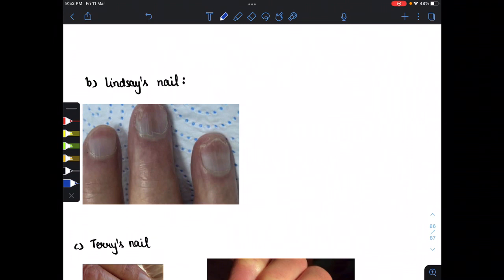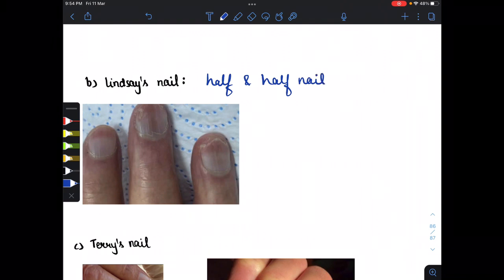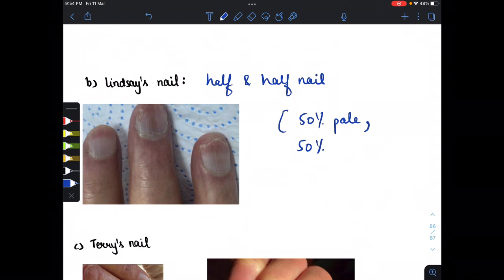Now in apparent leukonychia, another one is Lindsay's nail. In Lindsay's nail we can see the half and half nail: 50% is pale in color and 50% is brown or pink in color.